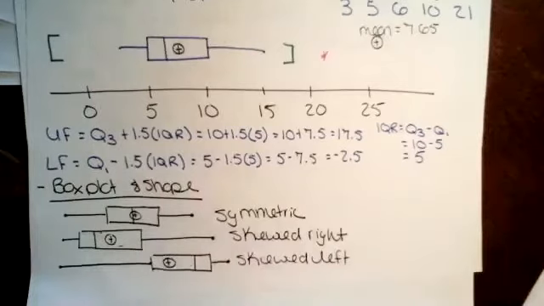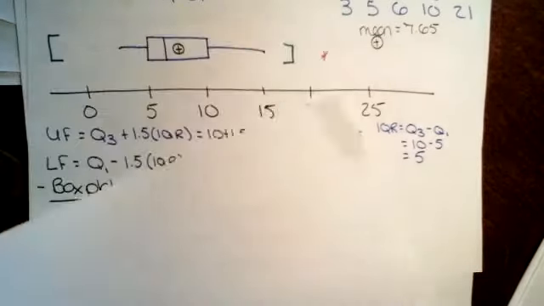We are comparing what we generally look at all the time, which is the center, the spread, the shape, and if we have outliers. So it's really the same thing.